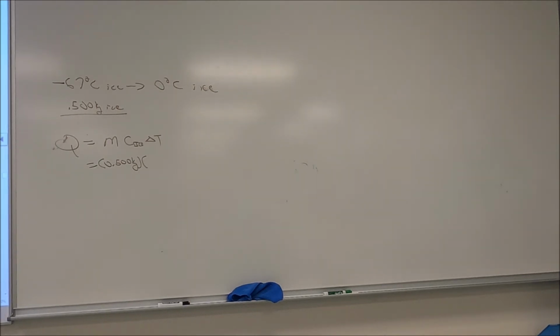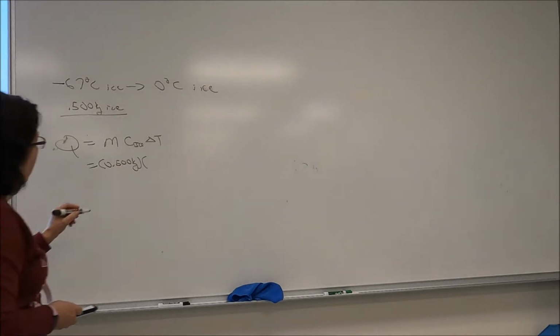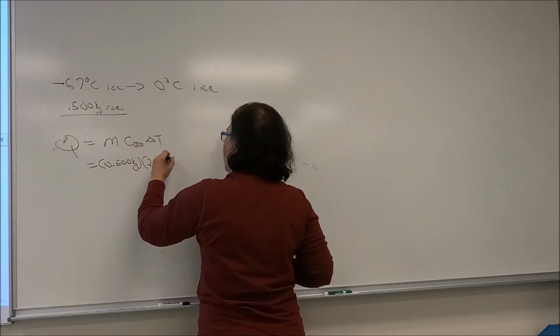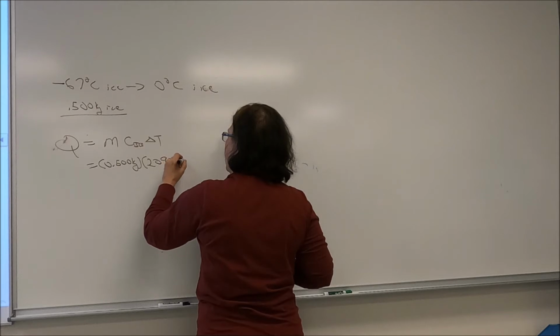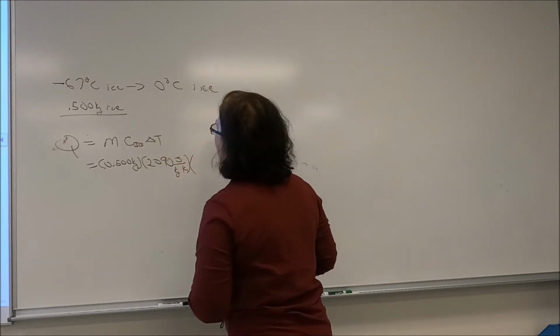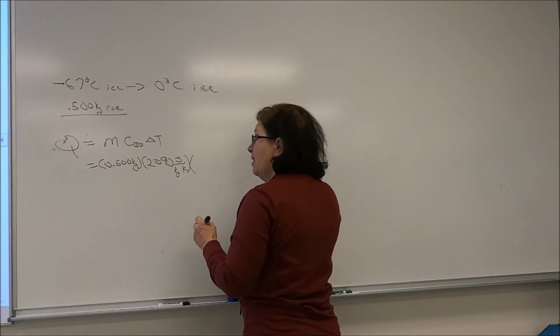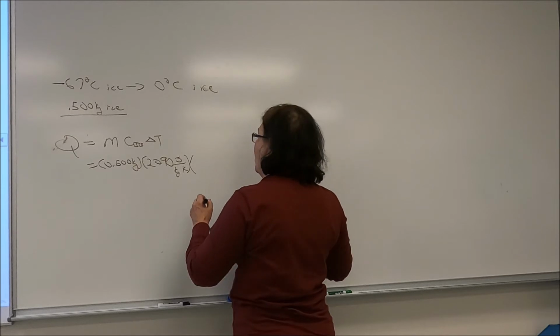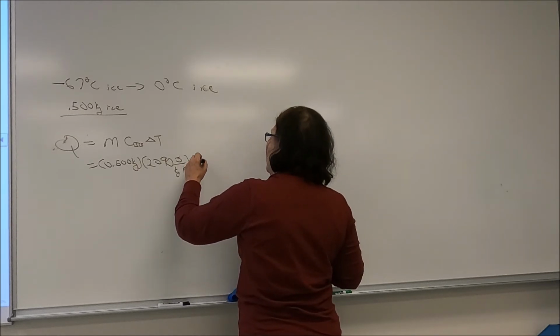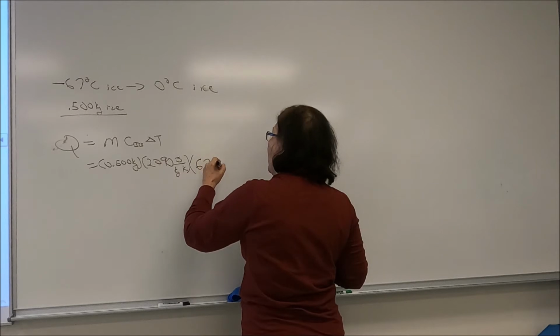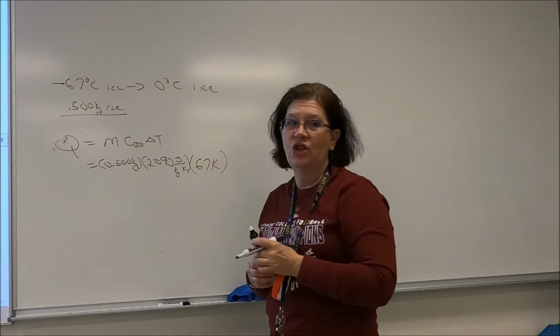It's not something I have memorized, not something I expect you to have memorized. The heat capacity for ice is 2090 joules per kilogram Kelvin. Now the change in temperature, 0 degrees C minus minus 67 gives me 67 degrees C change, which is also a 67 Kelvin change.